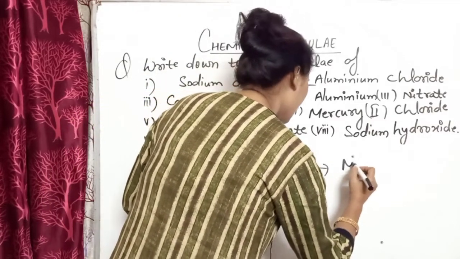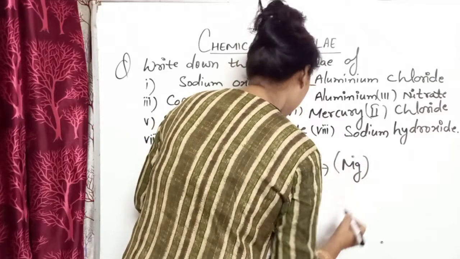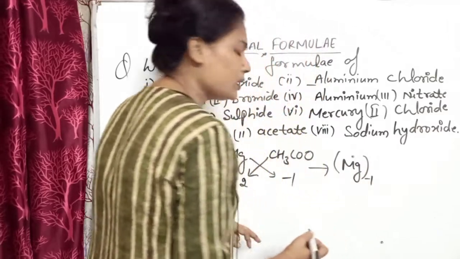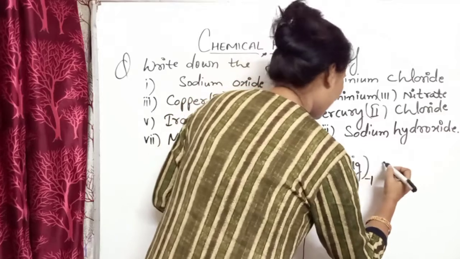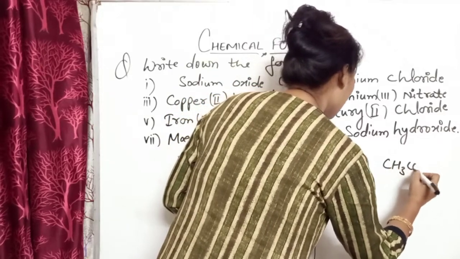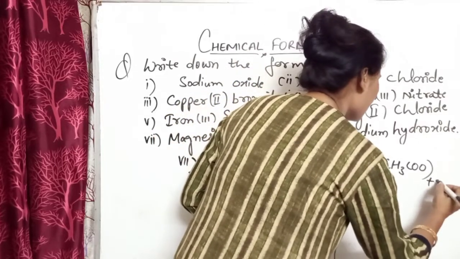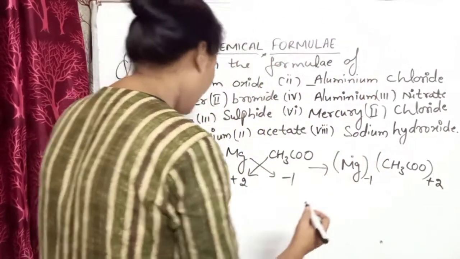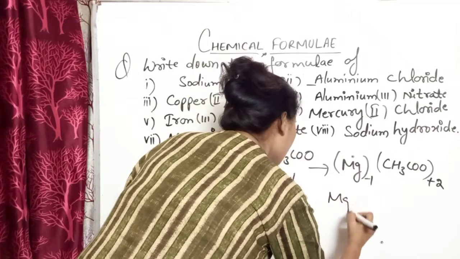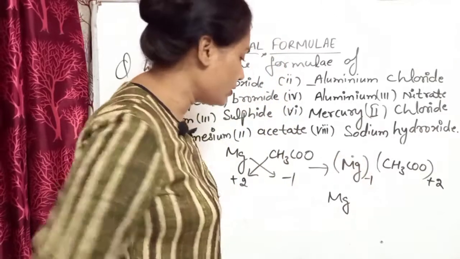After that you write the valency as a subscript, with the magnesium and with CH3COO. If 1 is there, then ignore the 1.